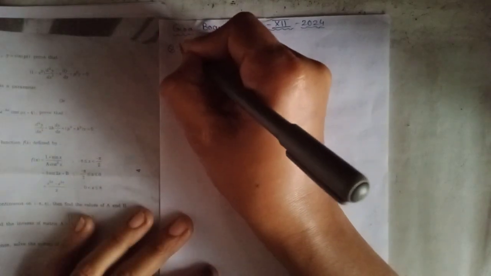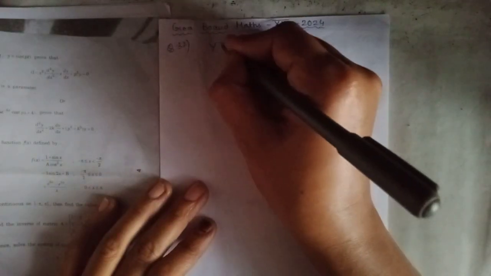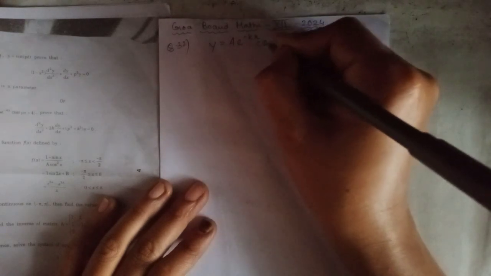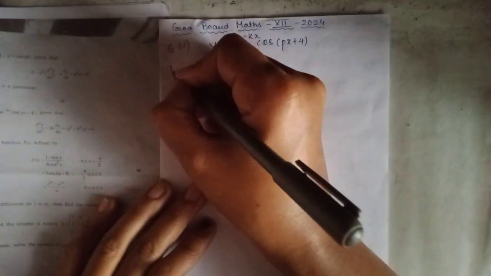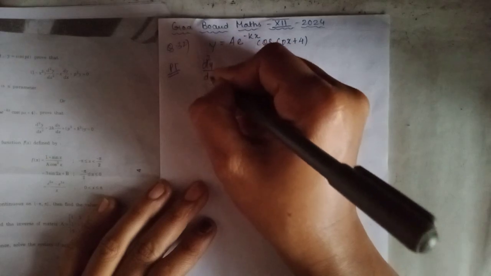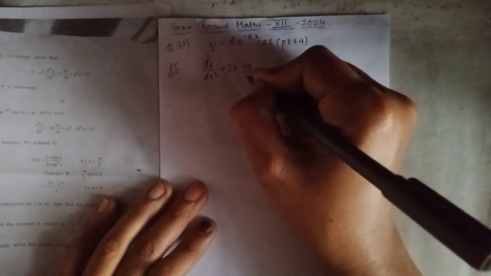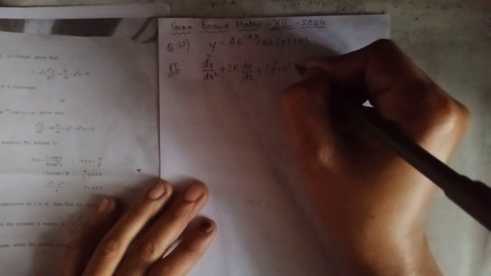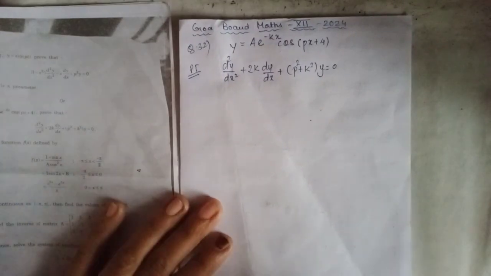Question 32, the or part: y equals a e raised to minus kx cos(px plus 4), then we have to prove that d square y by dx square plus 2k dy by dx plus (p square plus k square) y is equal to 0.